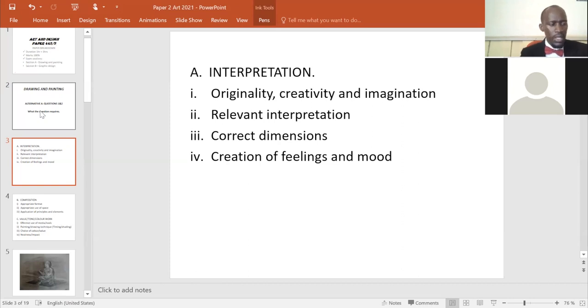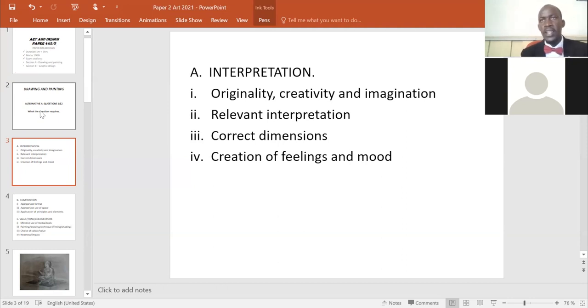The question directs the learner to create a pictorial composition depicting assisting victims of disaster. Does the candidate or the learner understand what the terms in the question stand for?